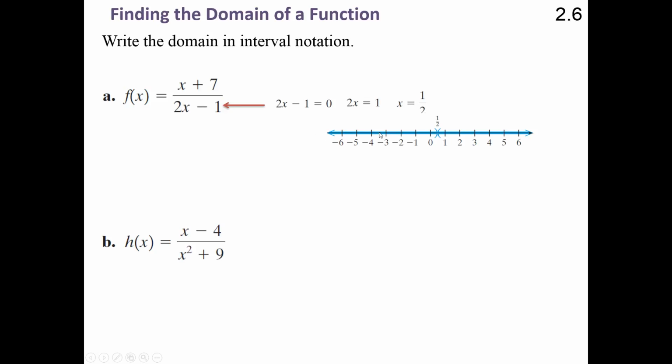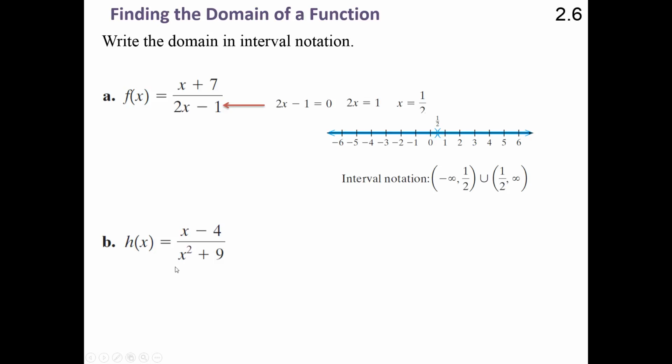This interval is from -infinity to a half, but a half is not included. And this interval is from 1/2 to infinity. Again, 1/2 is not included. So the domain in this case would be written using interval notation in this way: from -infinity to a half, union 1/2 to infinity. It takes these two unbounded intervals to exclude just a single point.